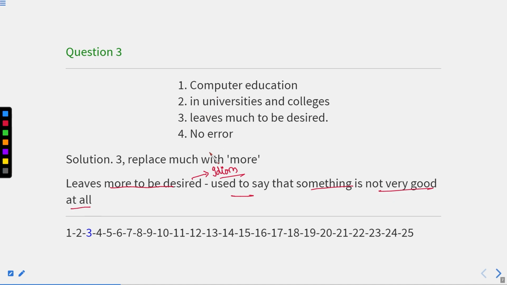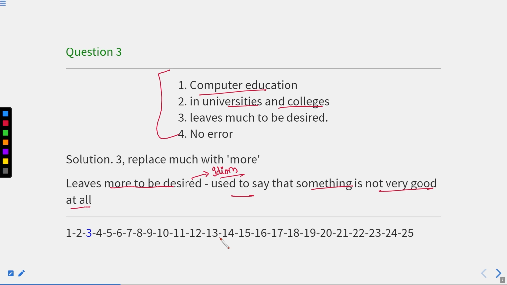If we talk about this sentence, here we are saying that in universities and colleges, the condition of computer education is not very good. Okay, so this is the correct meaning of this sentence. So the correct sentence will be: computer education in universities and colleges leaves more to be desired. It means the condition of computer education in the universities and colleges is not good.